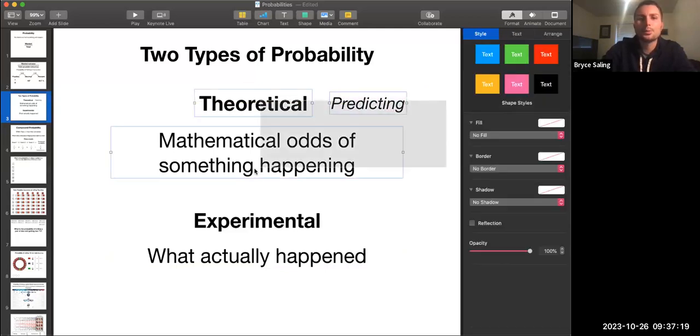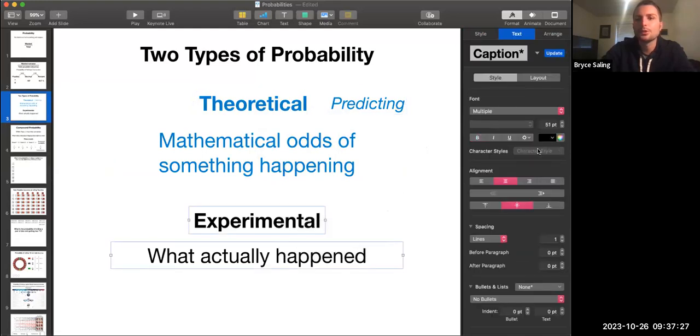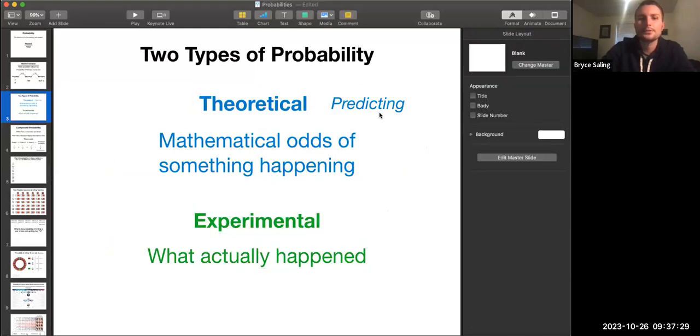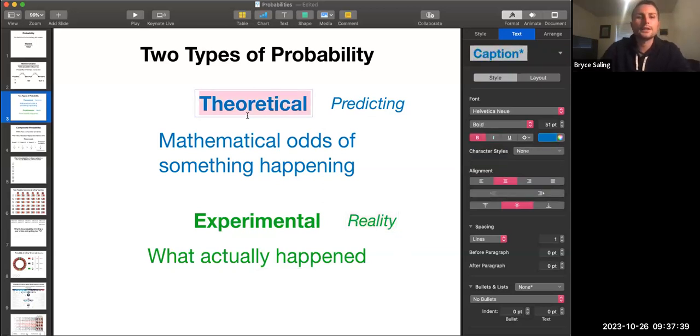We'll make theoretical probability blue, a little darker blue, and we'll make experimental green, because with experimental, you're thinking reality. Theoretical is you just trying to predict the odds.